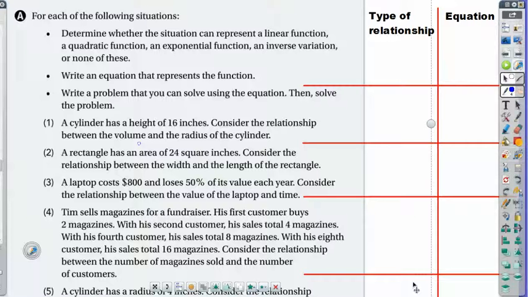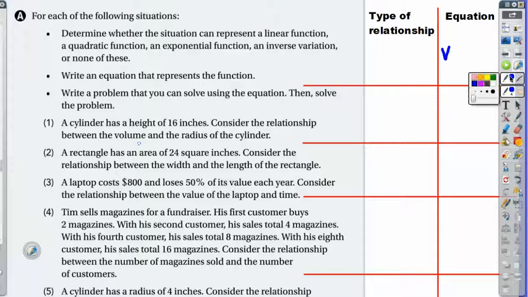The first one says, a cylinder has a height of 16 inches. Consider the relationship between volume and radius of the cylinder. I know that a cylinder has a very specific equation, so I'm just going to go ahead and write that in and then take a look at it.